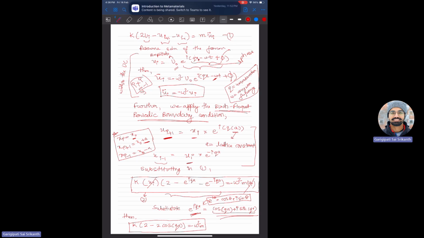We are able to write our original equation in this form, and then further, if we write e to the power i q a in terms of cos and sine, we get the equation something like this.